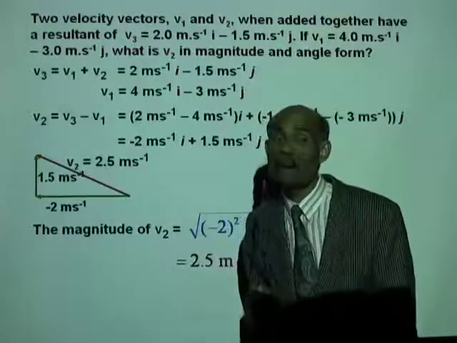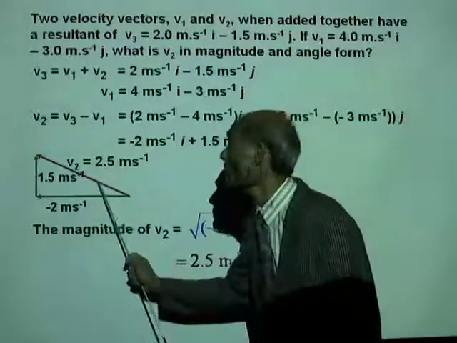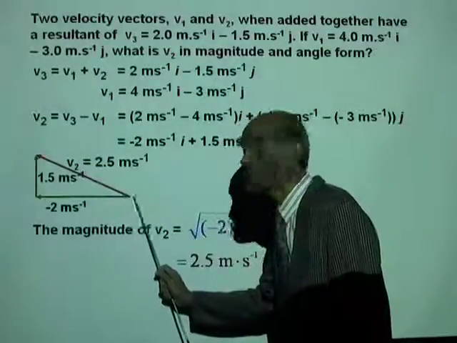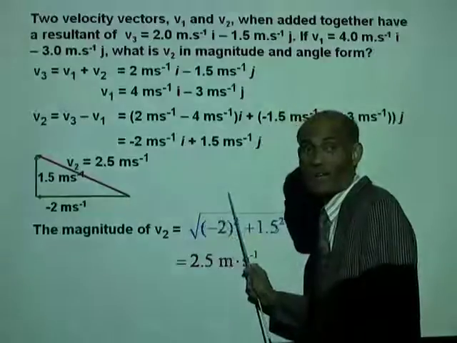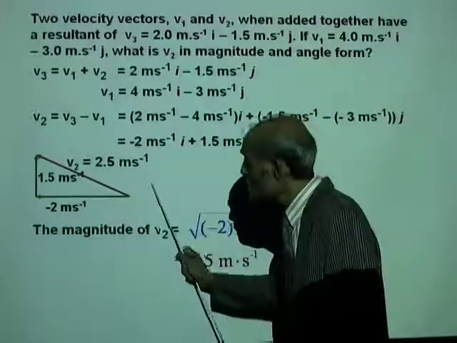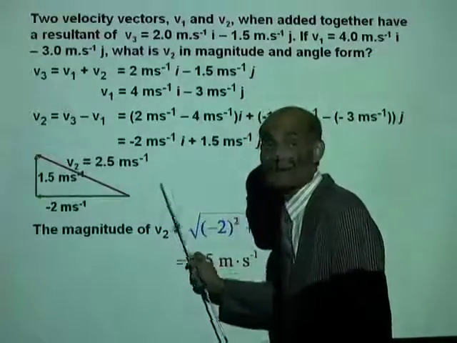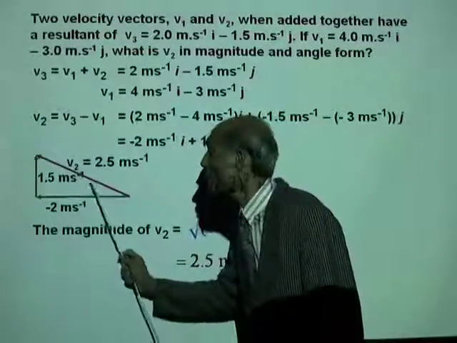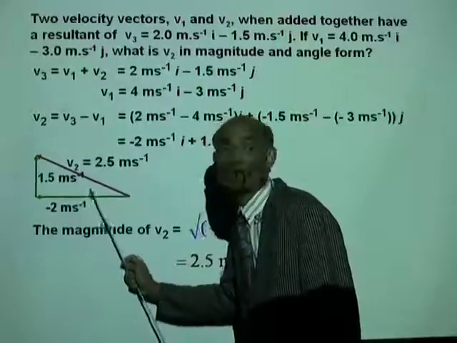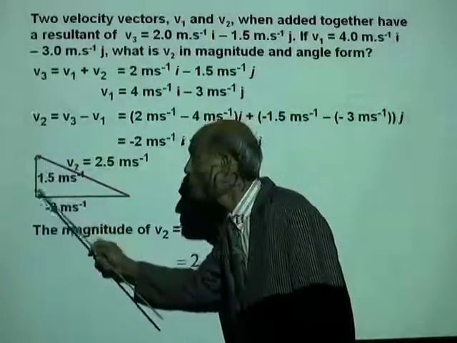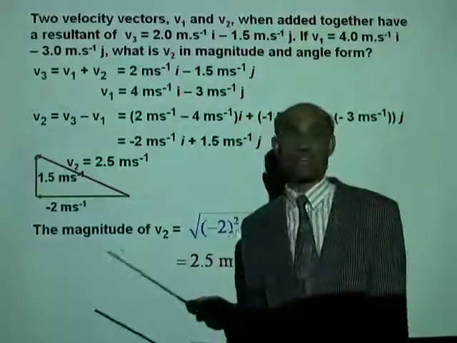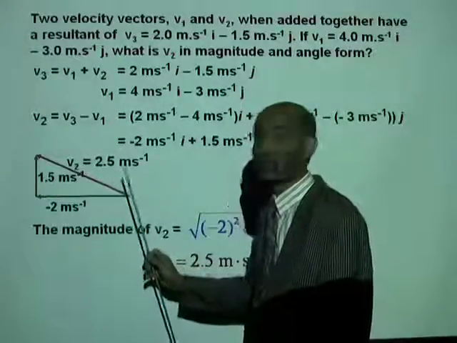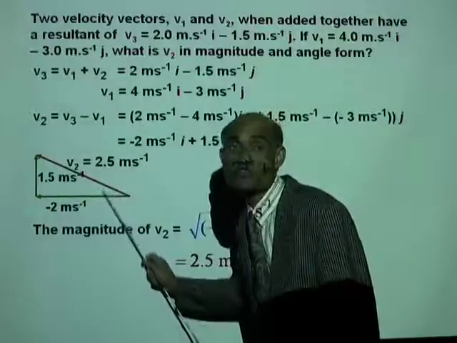We now need to find the angle of vector v2. Now you should understand that the positive x-axis is that way. So the angle is this angle. But you can now find this angle by using the opposite side and the adjacent side. Alright, if this is the angle theta, you don't need to say that this is the angle.